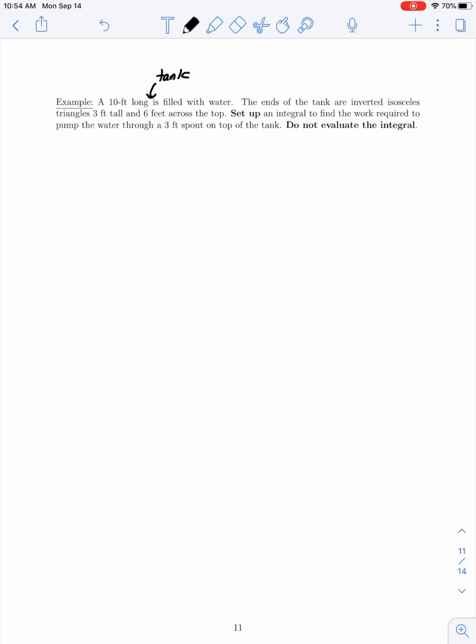So let's visualize this. We have a tank 10 feet long, and the ends are shaped like inverted isosceles triangles. So something like this, that are 3 feet tall and 6 feet across the top.